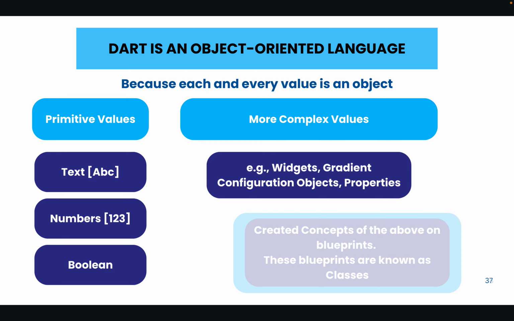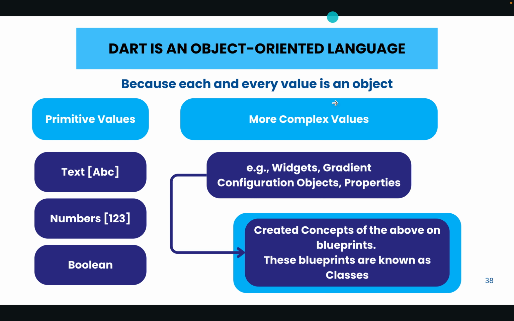So now, if we go with this part, what will happen? Whatever the gradients, widgets, configuration objects or properties which are available in these more complex values, they are created from the concept of blueprints.